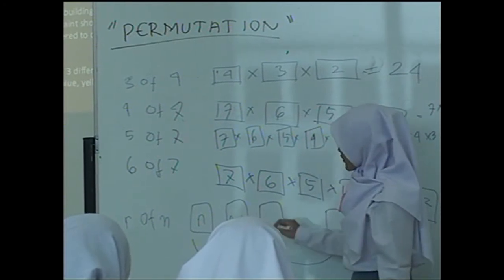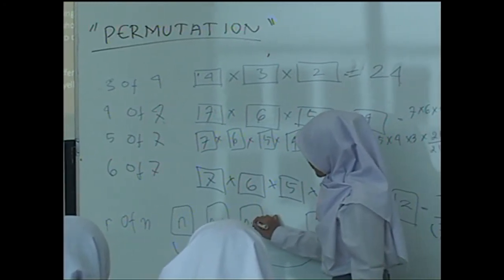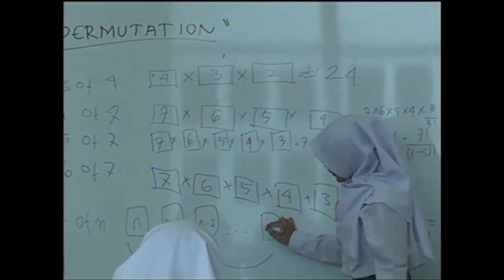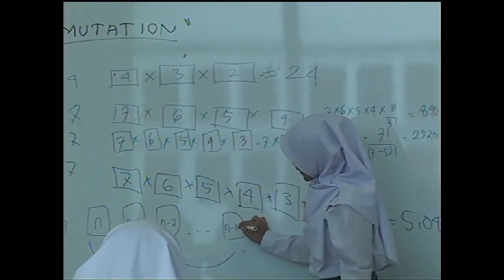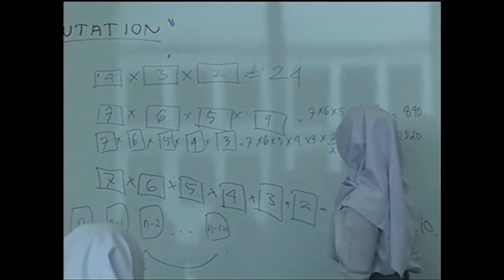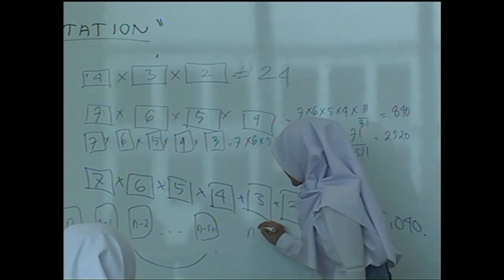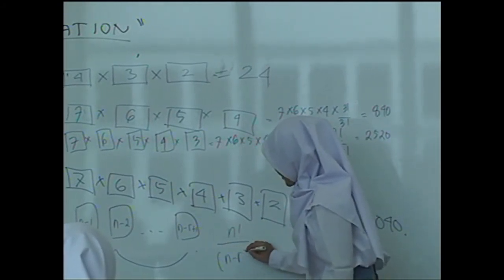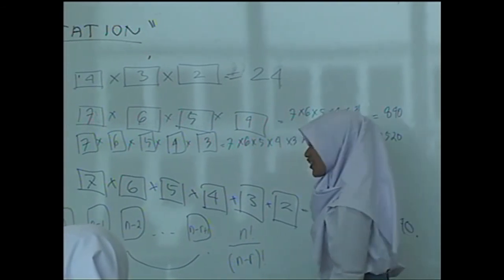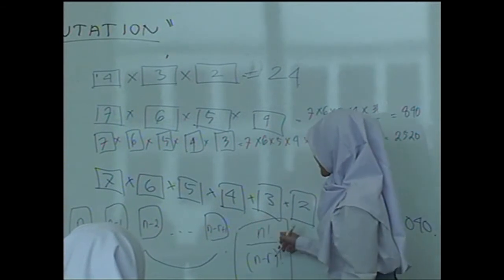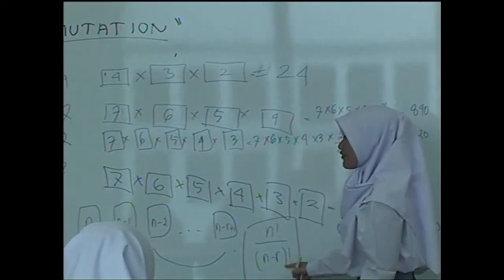And the third box we can write N minus 2. And the last box we can write N minus R plus 1. Then for the factorial form we get N factorial over N minus R factorial. So the general formula of this problem is N factorial over N minus R factorial.